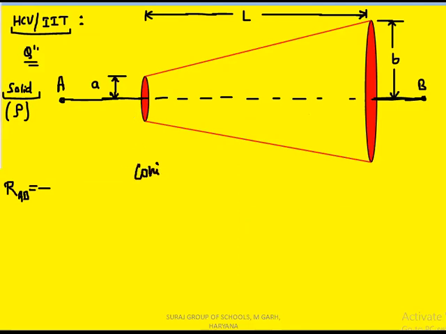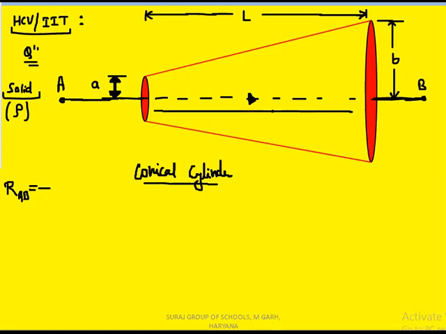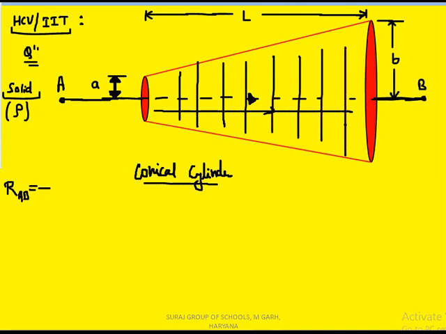This is a shape called a conical cylinder, which is a solid of resistivity rho, in which the smaller cross section has radius A and the larger cross section has radius B. You are asked to calculate the equivalent resistance from A to B. It means you have to consider the flow of current in the direction from A to B. As you move from A to B, you will find that the area of cross section is actually changing. It means for variable parameters, we have to take help from integration only. No other options we have.